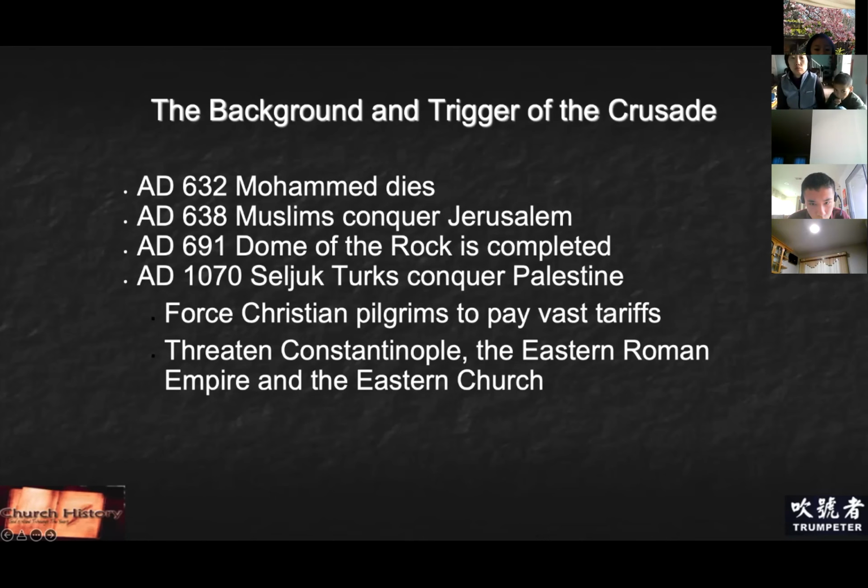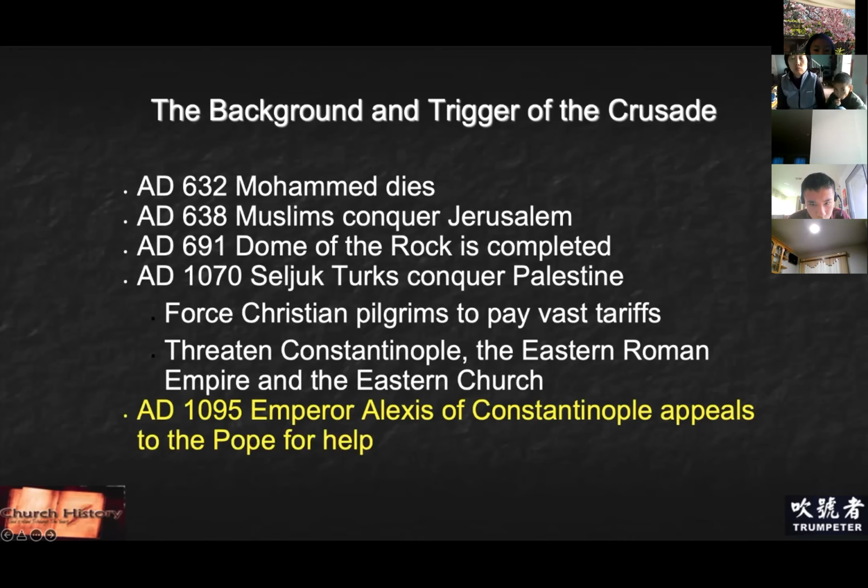And the emperor of Constantinople appealed to the Pope for help. That's what triggered the Crusade, because the Eastern Roman Empire was under attack, and they cried out for help to the West. And the West already had no more West Roman Empire, right?